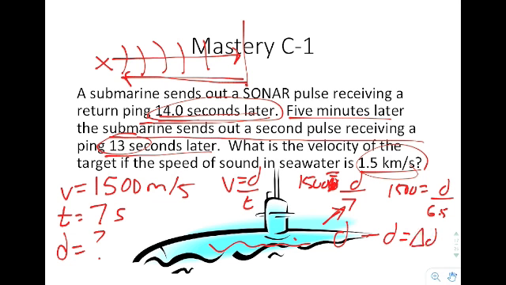Now if you have the time, which is 5 minutes, you can now figure out the velocity of this submarine. So not only is it good for figuring out exactly how far a submarine is away, but you can also figure out how fast it's moving based on the time differential for different pings. So this ends up being 300 seconds because 5 minutes is 300 seconds. And if you do the math right, you should get something along the order of 2.5 meters per second.